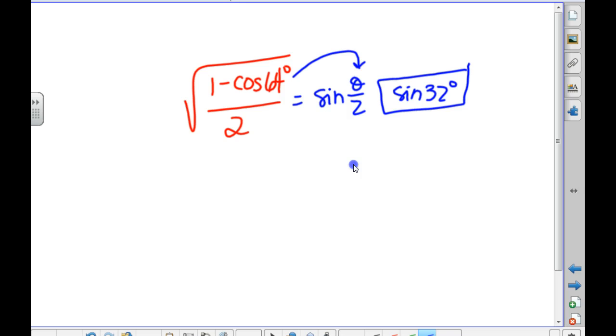There are a couple of prove the identity questions where you have to actually do the proof, and then there's a couple graphing ones. There's a couple where you have to factor and find all exact solutions, or solutions 0 to 2 pi, and for some of those it's okay to go ahead and graph, doesn't matter.